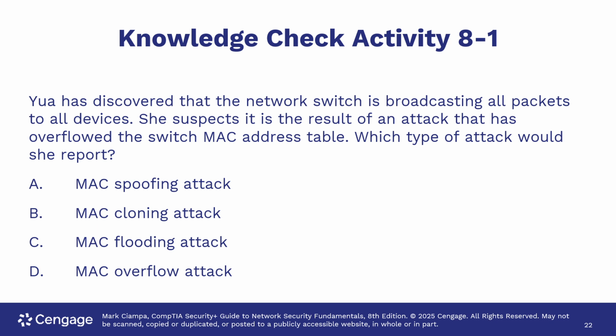Is it spoofing, cloning, flooding, or overflow? Now go back and look at the statement. She suspects that it's the result of an attack that has overflowed the switch MAC address table. Which type of attack would she report? It's broadcasting all packets to all devices.